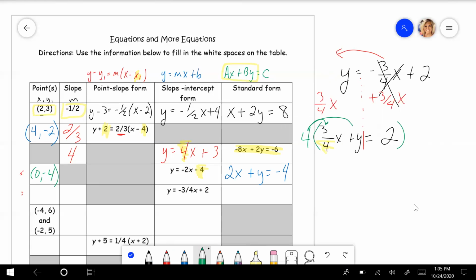You're going to multiply each term by 4 to get your new answer. So 4 times 3/4 gives you 3x. 4 times y gives you 4y. 4 times 2 gives you 8. So you have 3x plus 4y equals 8.